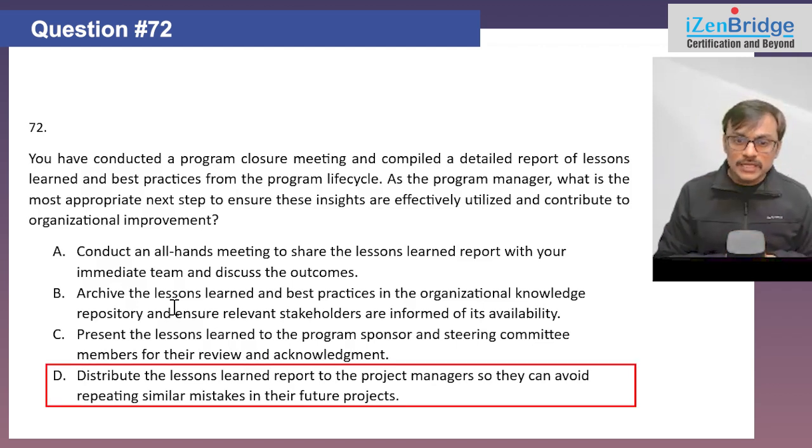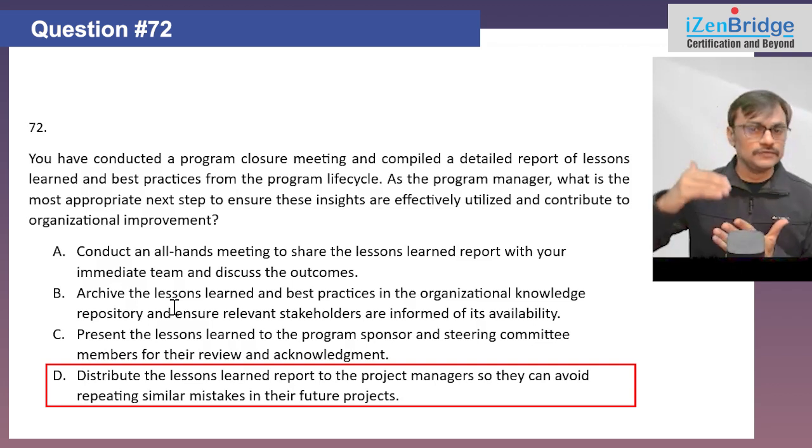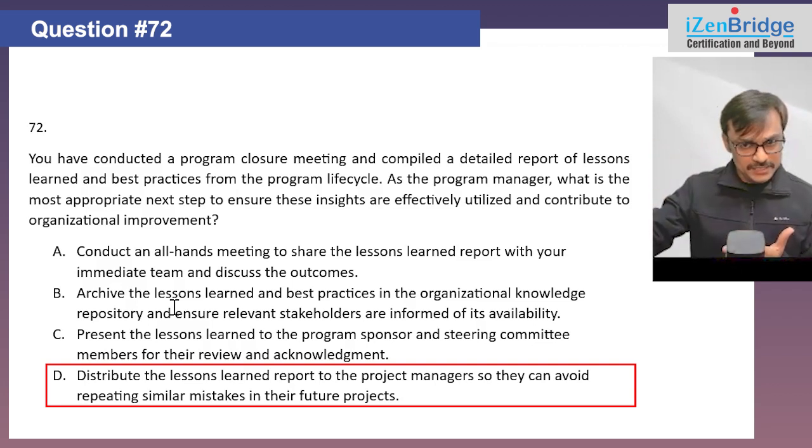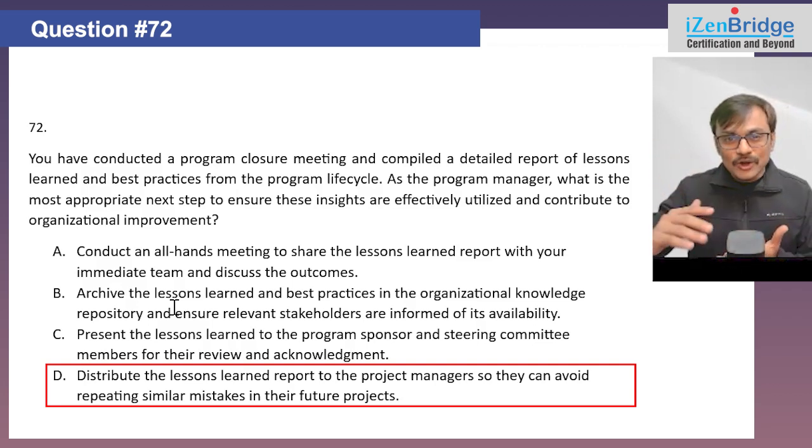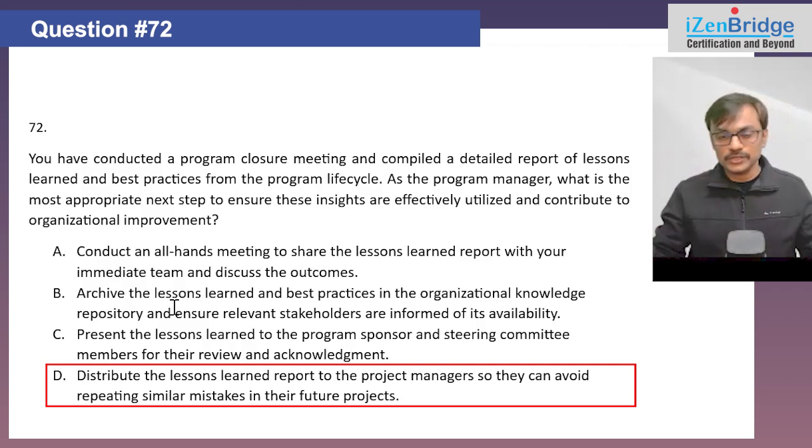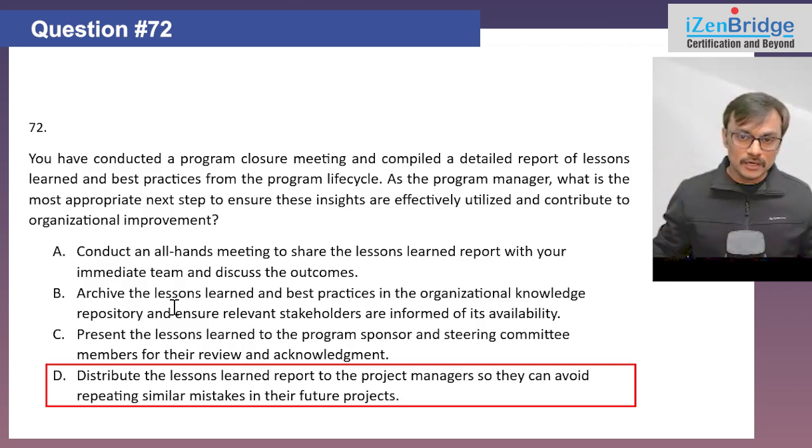Option D, distribute the lesson learned report to the program manager so they can avoid repeating similar mistake in their future projects. So in personal view, I believe the B and D are little bit candidate option. So I need to share this lesson learned with the program manager so they don't repeat this mistake again. Yes. But it is not like I just send an email or share it to all the program manager of my organization.